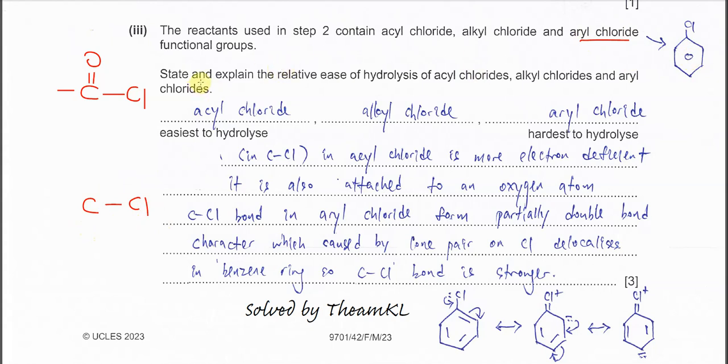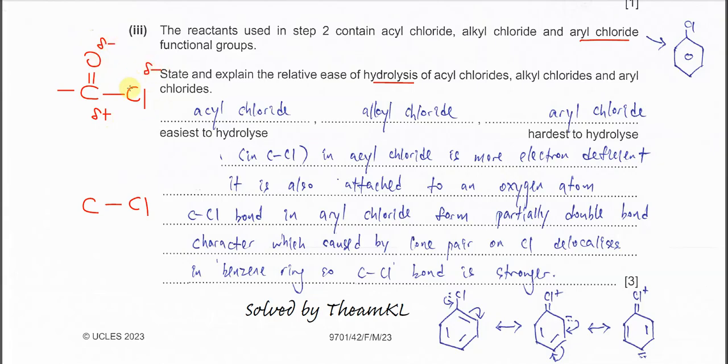State and explain the relative ease of hydrolysis for acyl chloride, alkyl chloride, and aryl chloride. The easiest to undergo hydrolysis is acyl chloride, because this carbon is more partial positive, or more electron deficient, as it is bonded to 2 electronegative atoms.